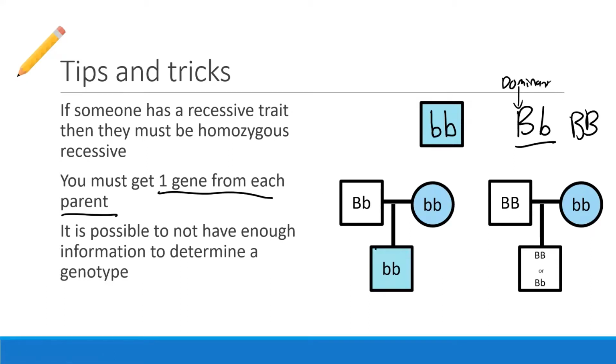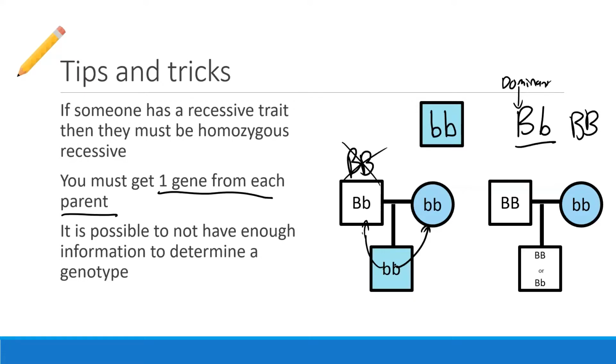If I've got lowercase b, that means one of these has to come from the mum and one of these has to come from the dad. That means that, for example, in this situation here, this couldn't be capital B, because then there would be no place for this person at the bottom to get their lowercase b, their recessive b gene. There is just no place for it.